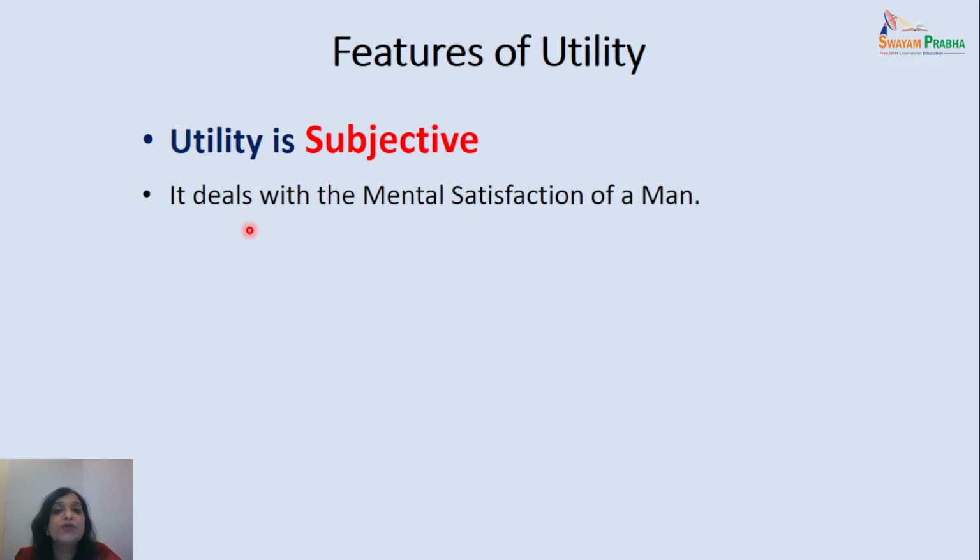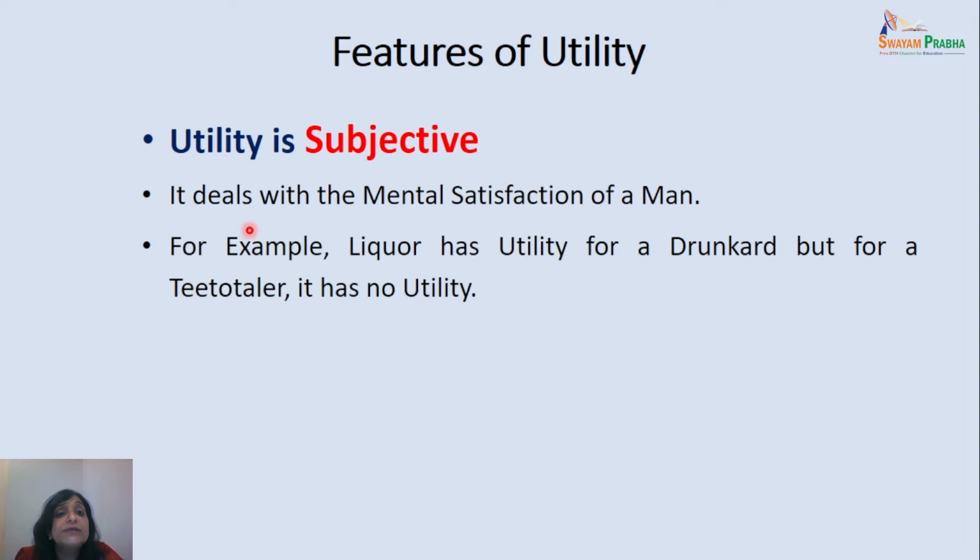Both of us are offered a similar brand of cold drink at a similar temperature during the same period of time, but the utility or satisfaction which we drew from consuming that cold drink was different. So it's a very subjective thing. Let us take another example, liquor. Liquor may have utility for a drunkard, but for a teetotaler who does not drink at all, it has no utility. So it's subjective.